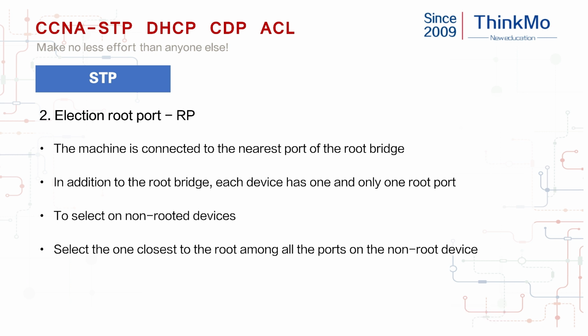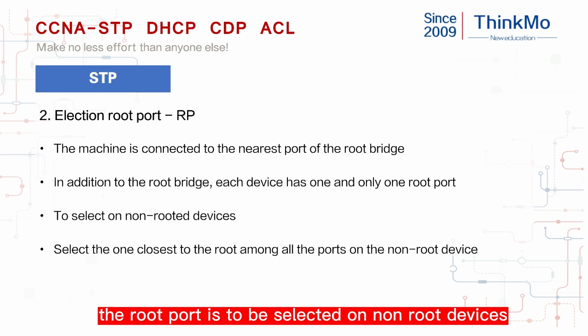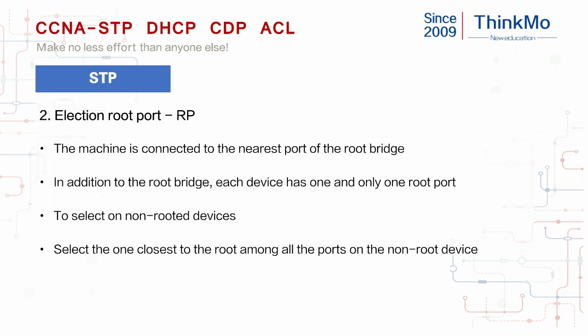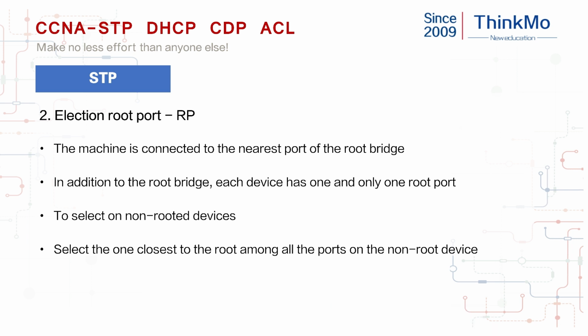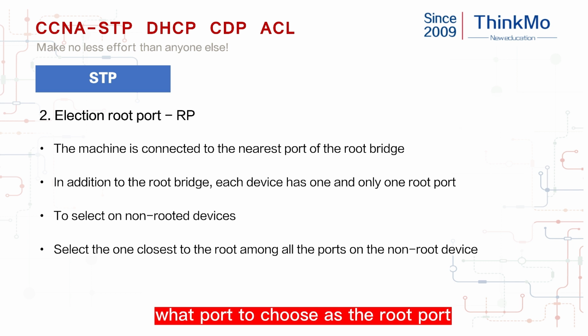First note. The root port is to be selected on non-root devices. That is, there is no root port on the root bridge. All ports on the root bridge are designated ports. And you have to choose the root port on the non-root device. What port to choose as the root port? You need a measure.